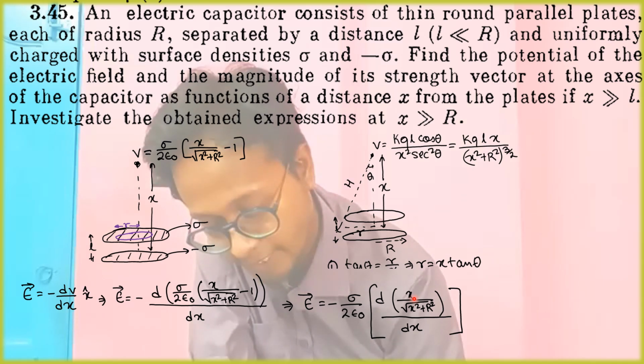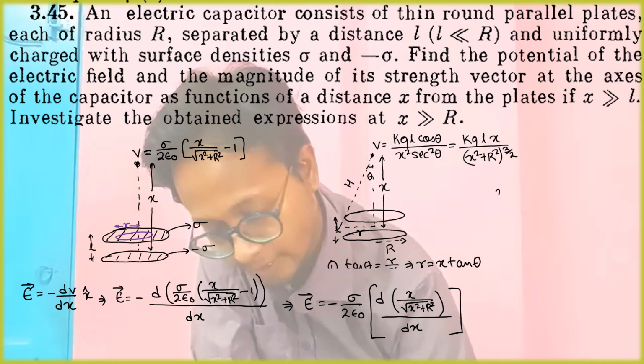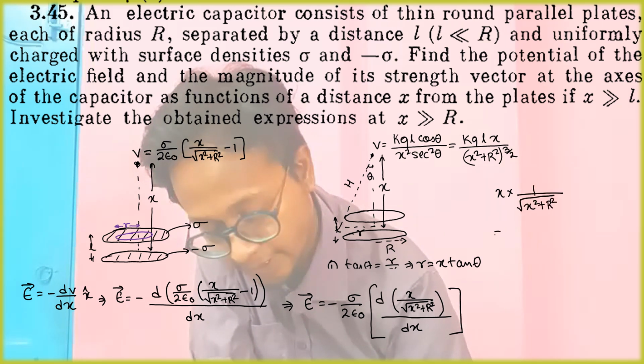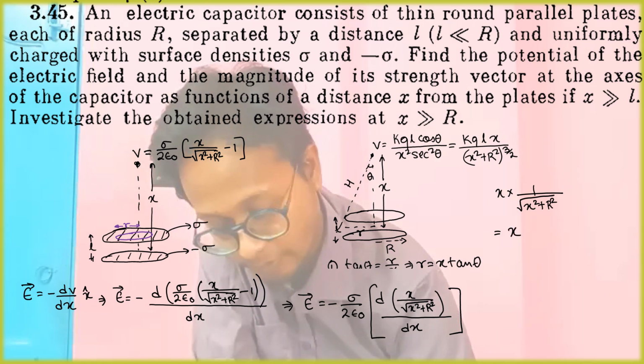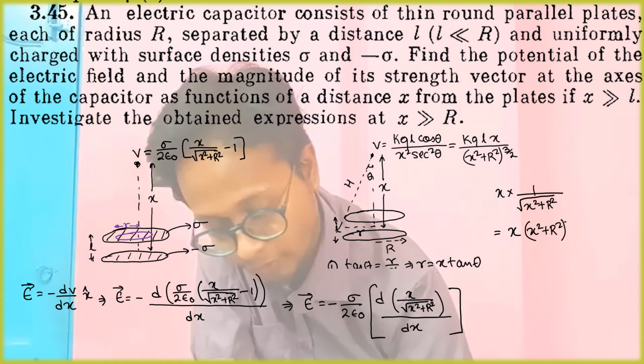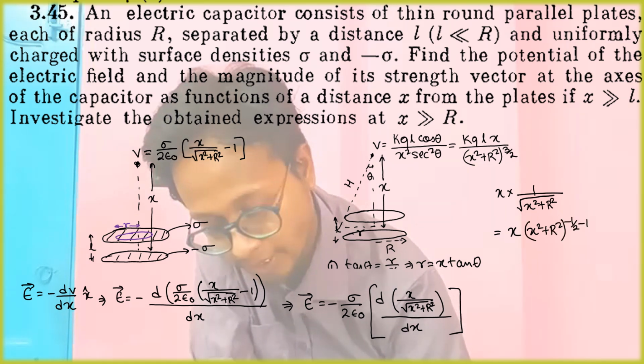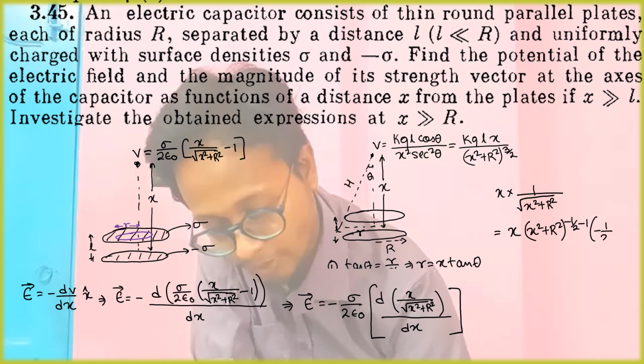Fair enough. I can write this term as x into 1 by under root of x square plus r square. When I differentiate this, I have to take one term constant and differentiate the other, plus take the other term and differentiate this one. So first I'm taking x constant and differentiating x square plus r square to the power minus 1 by 2, giving minus 1 by 2 times (x square plus r square) to the power minus 1 minus 1 by 2.